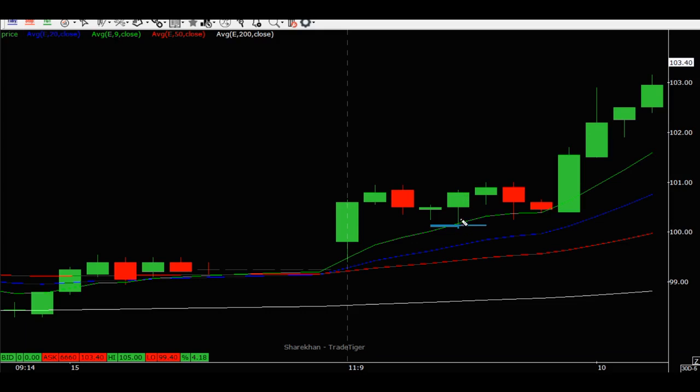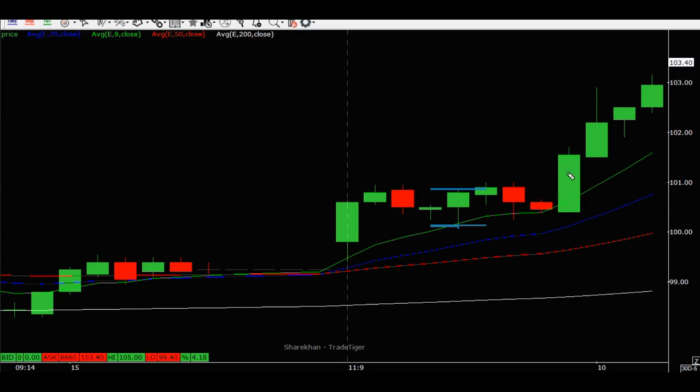So we get our signal when this hammer is formed. Okay, so we can enter above this hammer high, keeping our stop loss below this hammer low. Or if you want some more confirmation, you wait for another hammer, or let's say in this case, a bullish engulfing like this. Look at the number of confirmations we have here. 2 hammers, bullish engulfing, right?